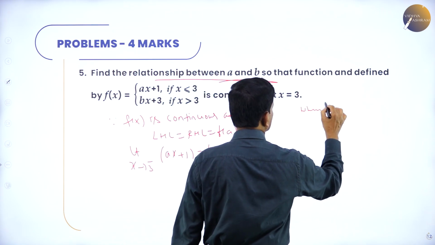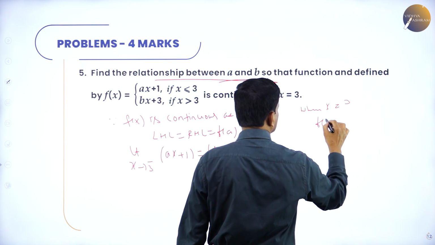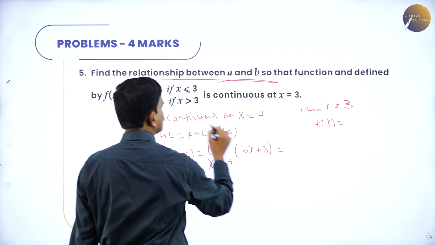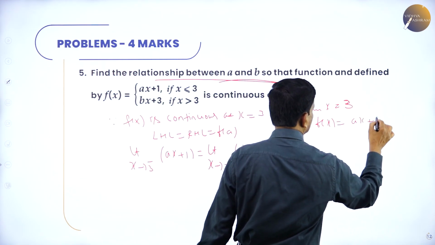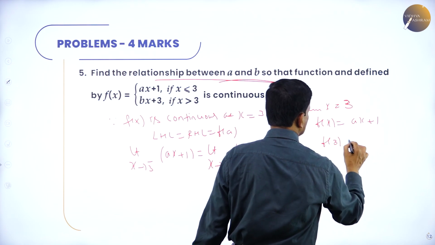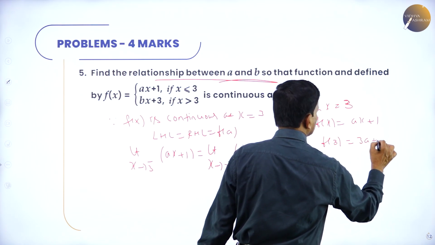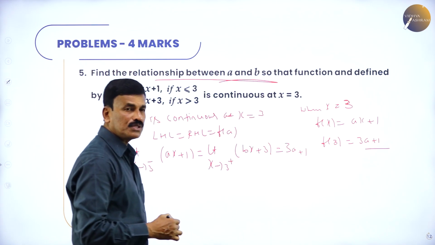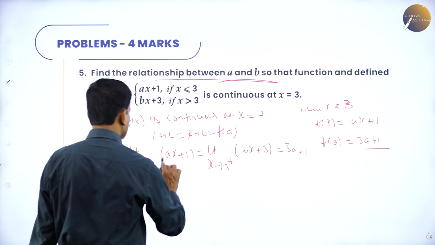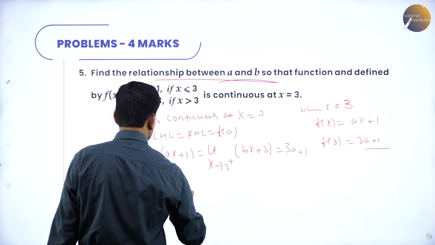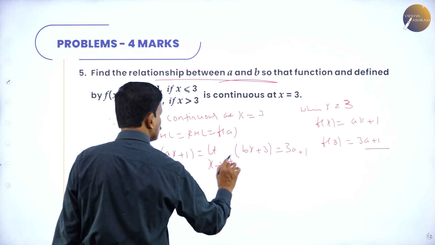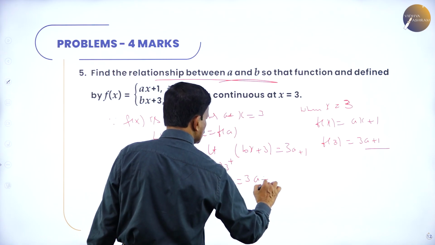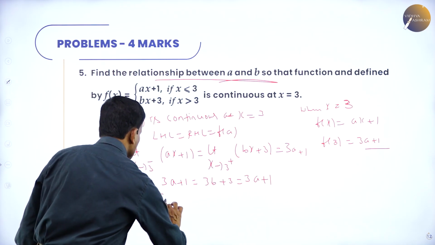When x is equal to 3, f of x is equal to ax plus 1. So, f of 3 is equal to 3a plus 1. Now just substitute the value of the limit. So this is 3 into a plus 1 is equal to 3 into b plus 3 is equal to 3a plus 1. Let us equate first and second.